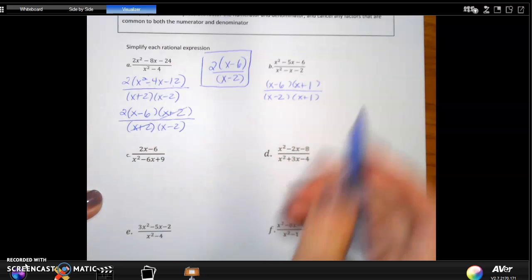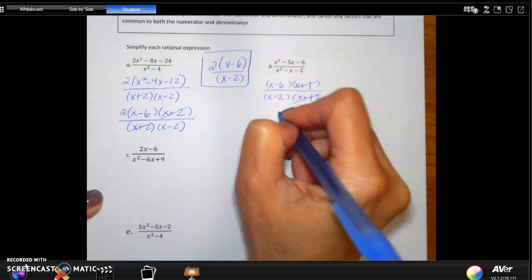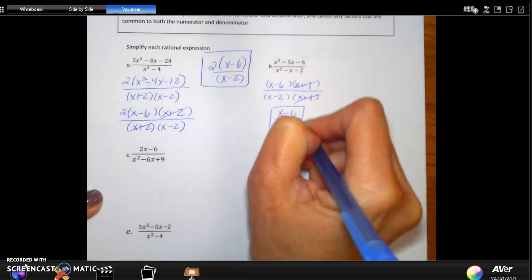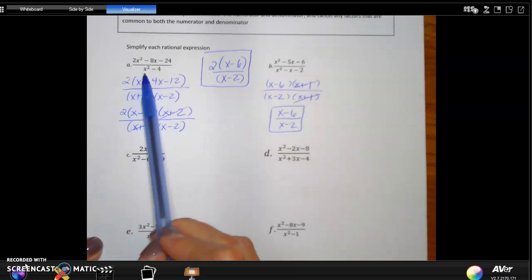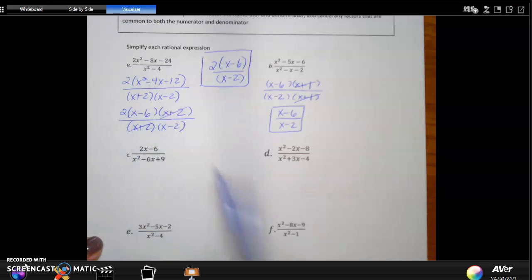And once we do that, we see that the x plus 1's can cancel out so that we're left with x minus 6 over x minus 2. So those first two really are pretty straightforward, but you just have to make sure that you can recognize things like difference of squares or a trinomial that you're breaking into binomial pairs.